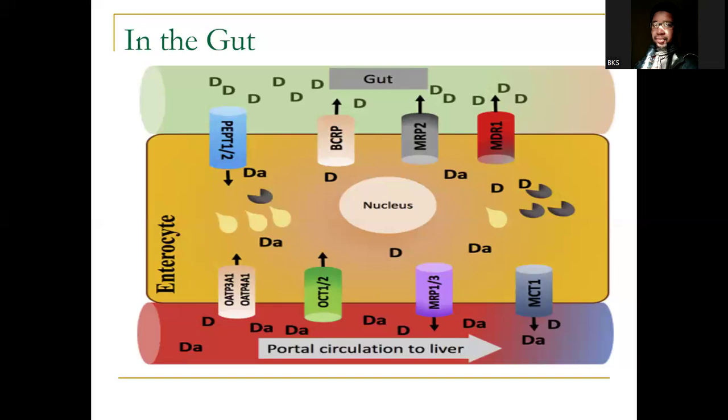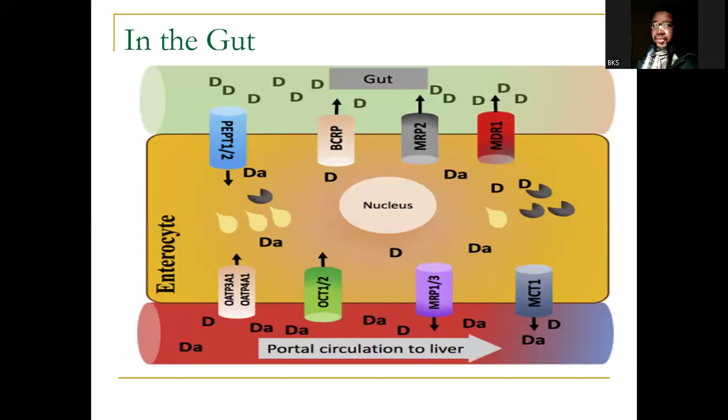You can see multi-drug resistance proteins that facilitate the transportation of these substances out of the enterocyte in the intestinal side. You can see MCT1, and likewise we can have some of these transporters taking in some of them from the blood into the enterocyte.